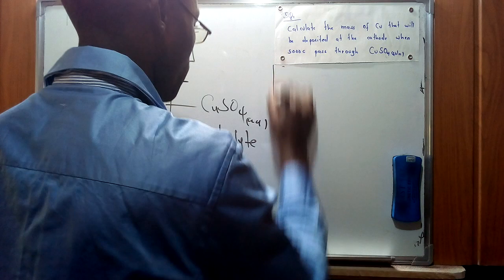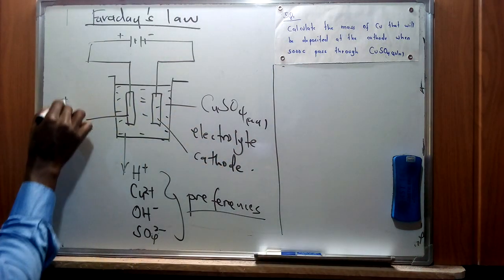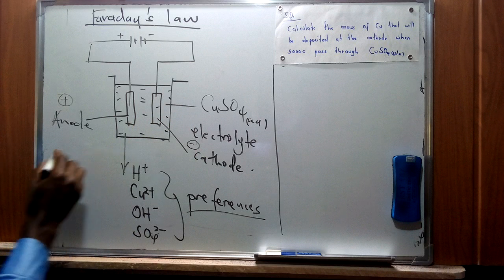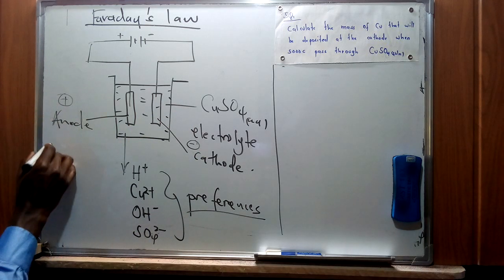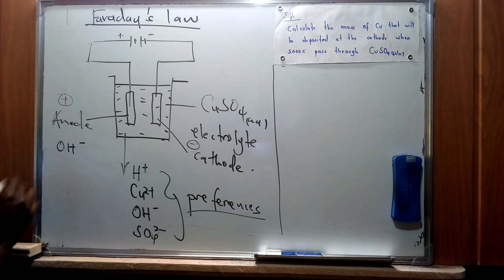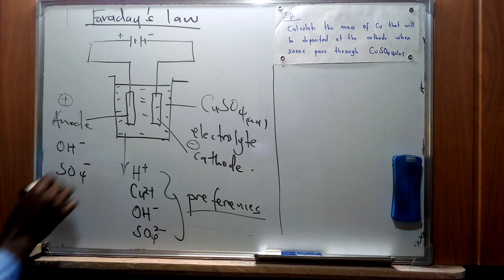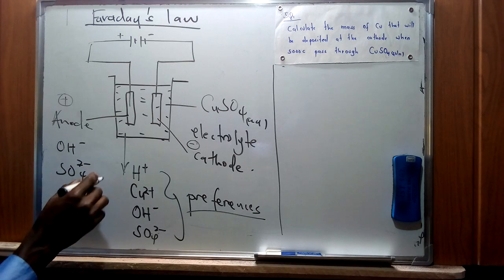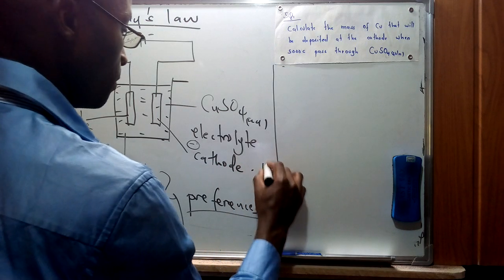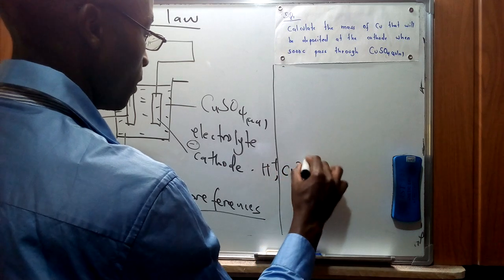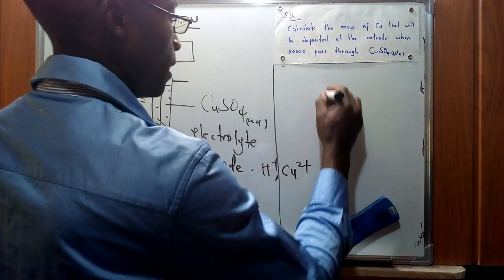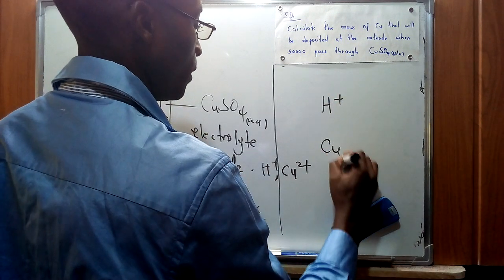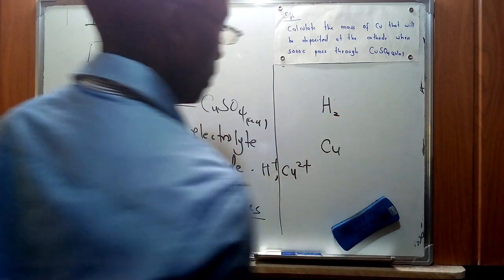So the positive plate is going to attract the hydroxide ions and the sulfate ions, and the negative plate is going to attract the H plus ions and the copper ions. And of course, from the reactivity series, hydrogen is higher in reactivity compared to copper.